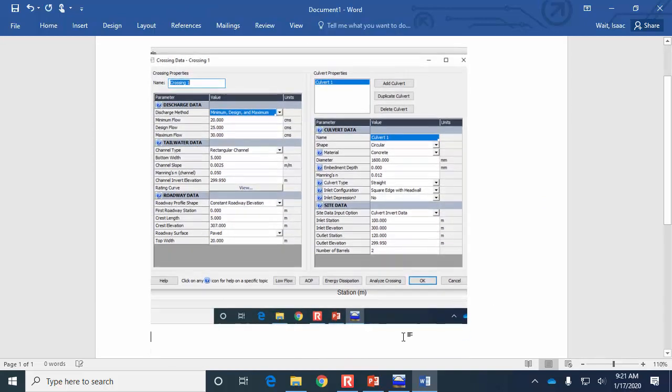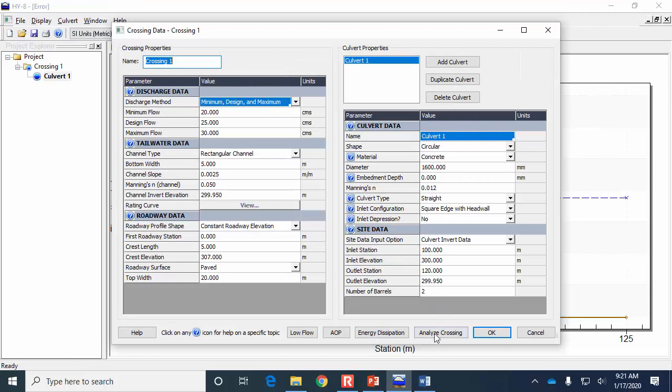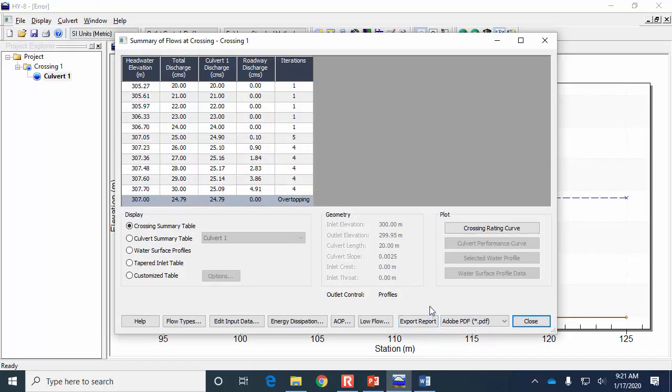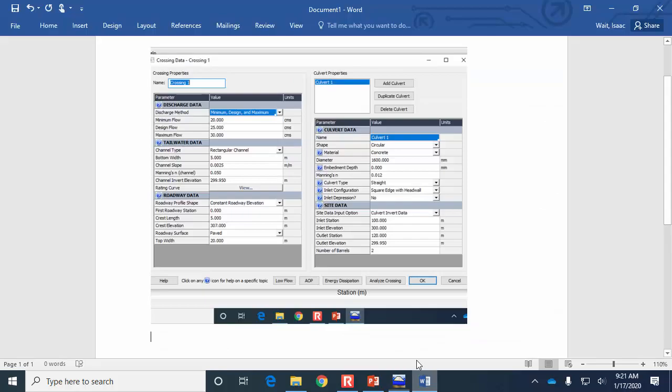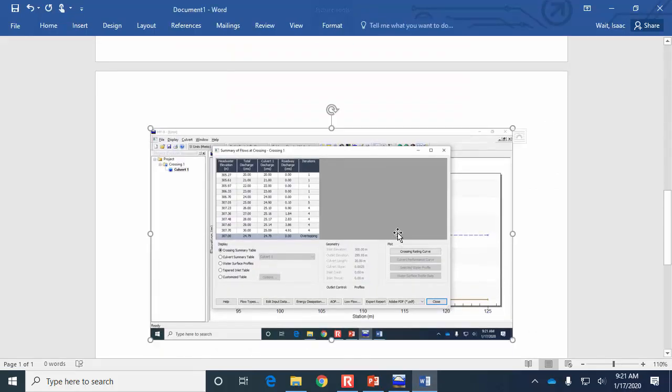So that's the input, and then the output, analyze crossing, it's this table. So print screen, and then this proves that you did the analysis and it's the basis for the explanation that you provide.